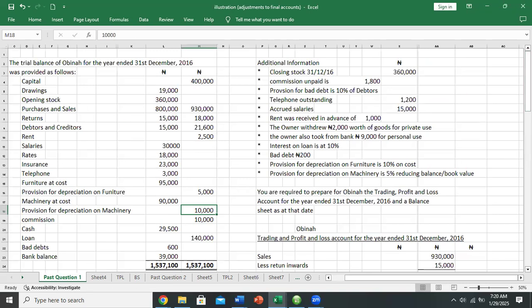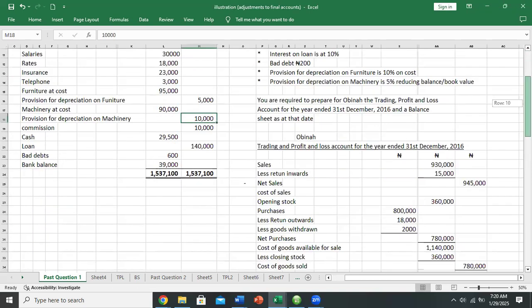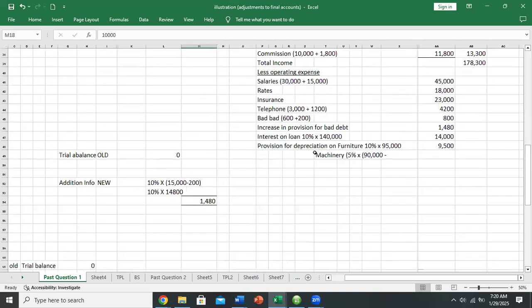But this one has 10,000. So we'll less the 10,000 from the 90,000. And the result we multiply by 5%. I think that will be 4,000, because 90 minus the 10 will be 80,000 times 5% is 4,000. So that's how you work out for the reducing balance.